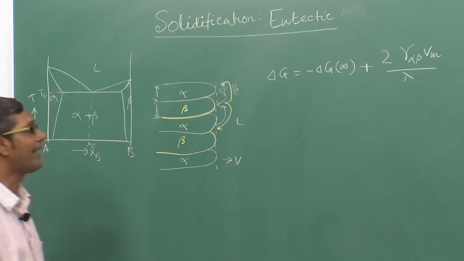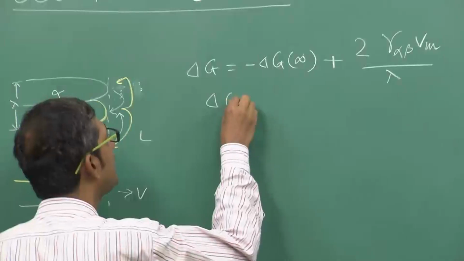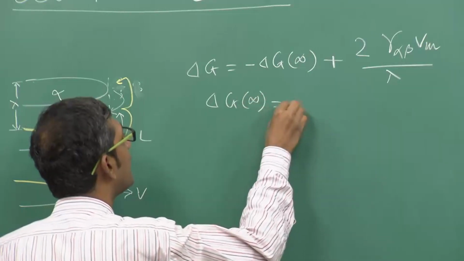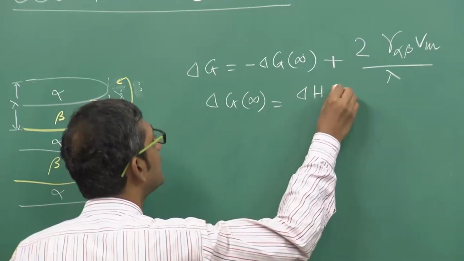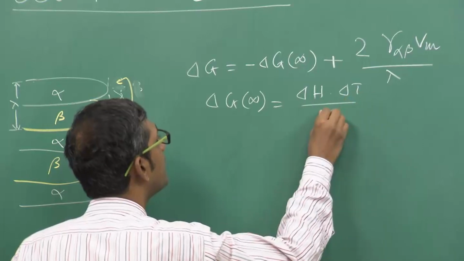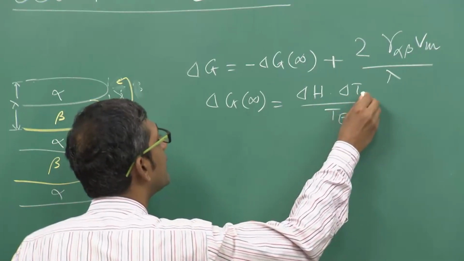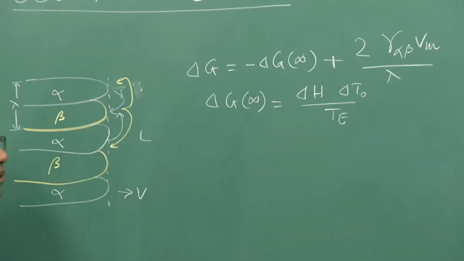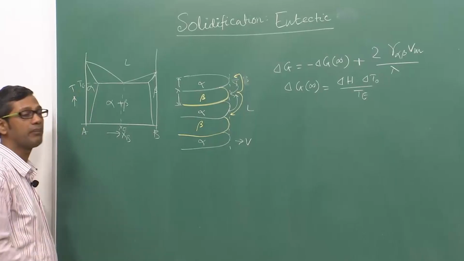So now we know that delta G infinity is nothing but delta H into delta T divided by TE. It is better to write it as delta T0 because that is the undercooling required for the growth. Delta H is the latent heat evolved and TE is the eutectic temperature.